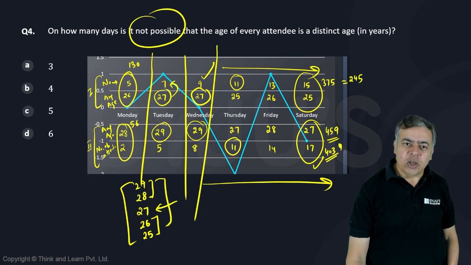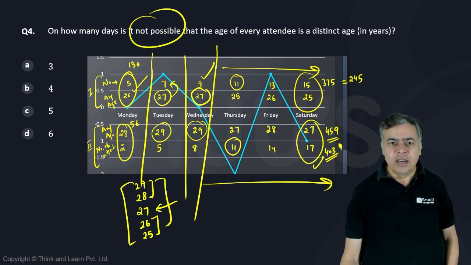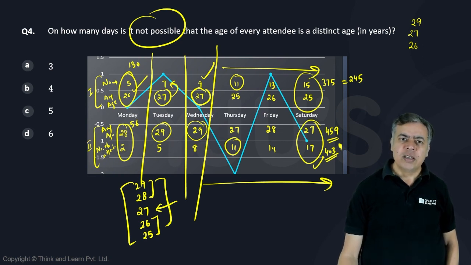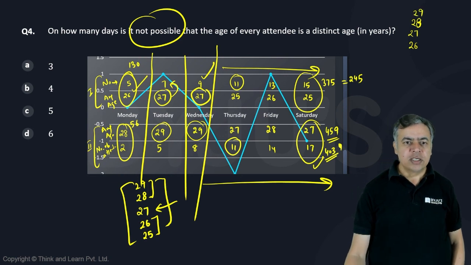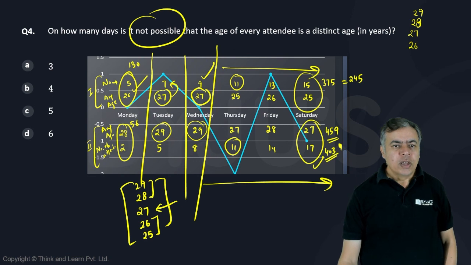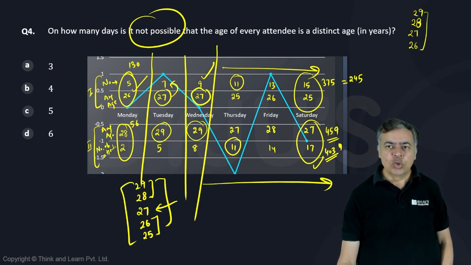So the only possibility is Monday. For 26 it is possible. For 26 you can have, let's say, 27 and 29, two persons, which will be plus 1 and plus 3. Or let's say 26, 27, 28 and 29, and 3 persons here, because I want a total of 5 persons. So already 4 persons are there. This is plus 1, plus 2, plus 3, so plus 6.